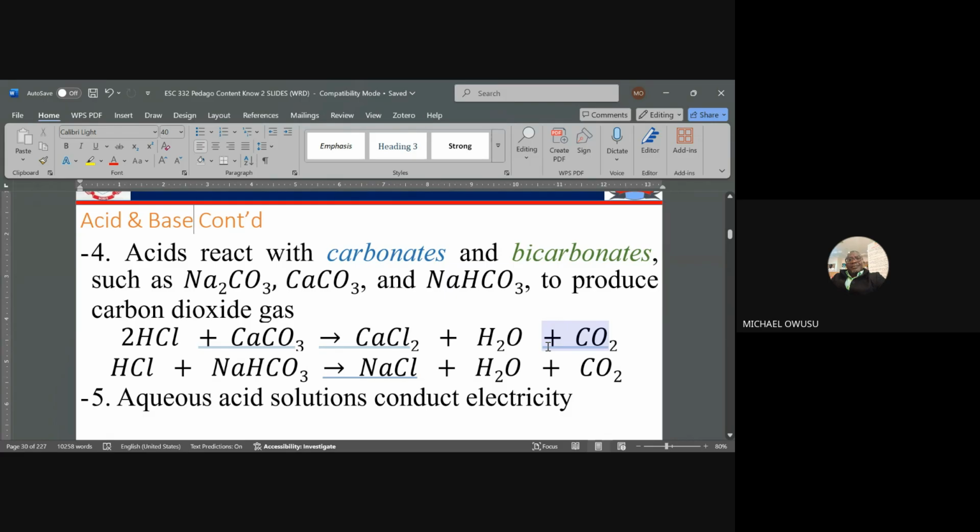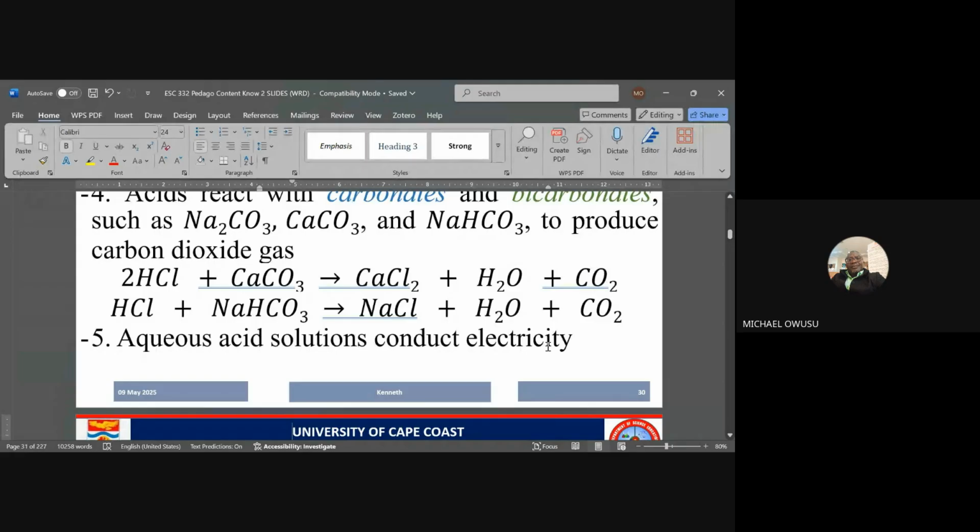With sodium bicarbonate or sodium carbonate, you may have the chloride salt of the metal, water, and carbon dioxide as the products.